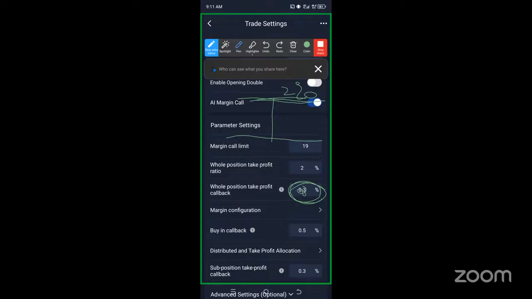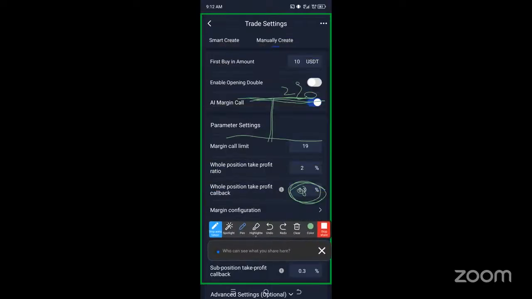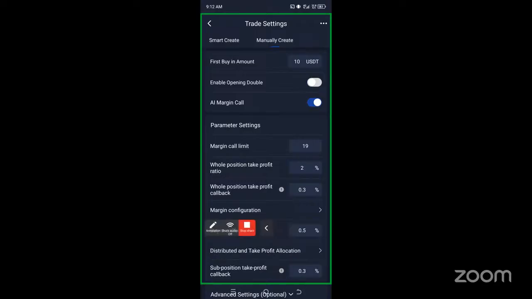But if I put a number above 0, when the market goes up and reaches 2%, the robot will not sell. It will give me a chance of getting the other 10% I have not put there. If you remember the example I have given. How? For example, I come and I put here 0.1.